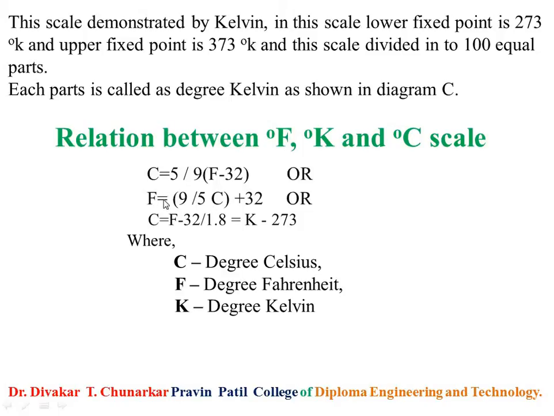The second relation, F equal to 9 upon 5 C plus 32, is also between degree Fahrenheit and degree Celsius. And C equal to F minus 32 upon 1.8 equal to K minus 273 is the relation between degree Celsius, degree Fahrenheit and degree Kelvin, keep in mind.